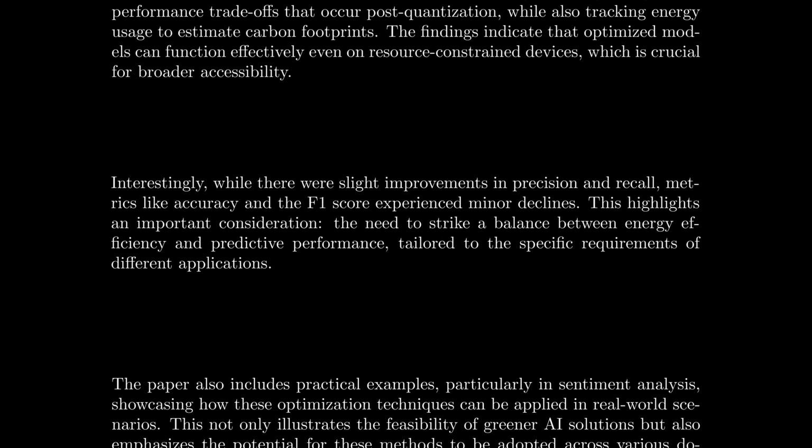Interestingly, while there were slight improvements in precision and recall, metrics like accuracy and the F1 score experienced minor declines. This highlights an important consideration: the need to strike a balance between energy efficiency and predictive performance, tailored to the specific requirements of different applications.